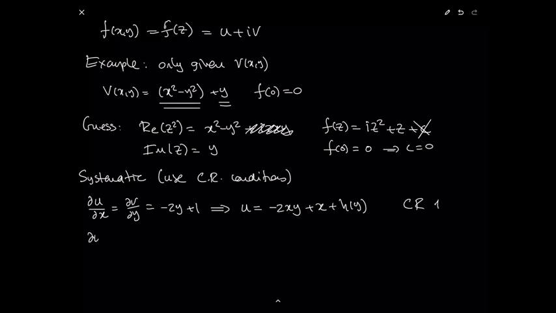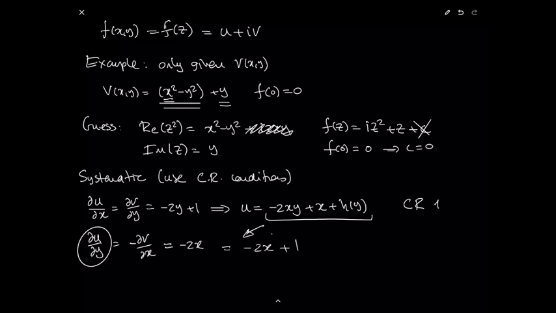So we have du dy is equal to minus dv dx, and that's equal to minus 2x, right? We only have an x here. And we have that du dy, we get this from that, and that gives us minus 2x plus h prime of y.